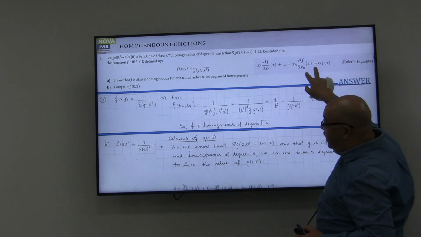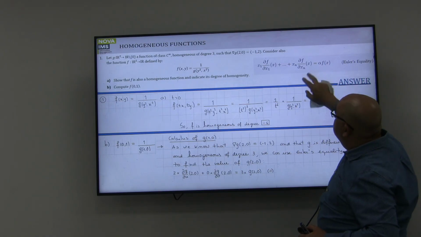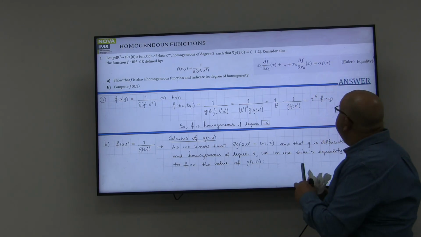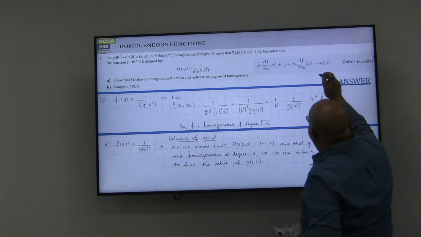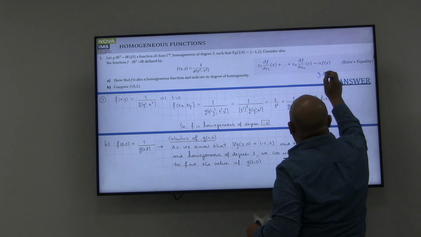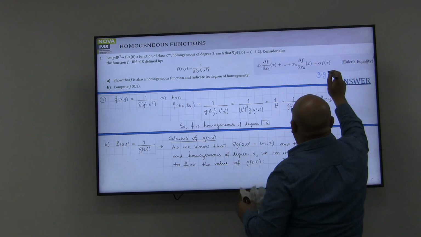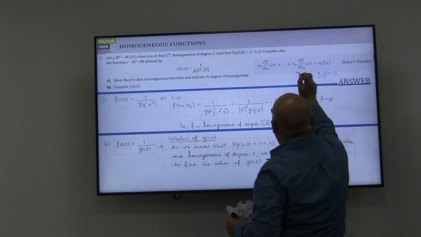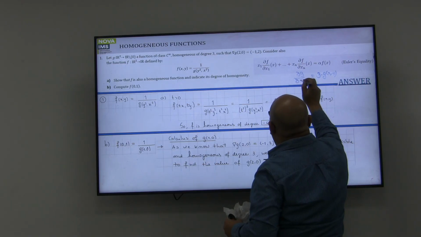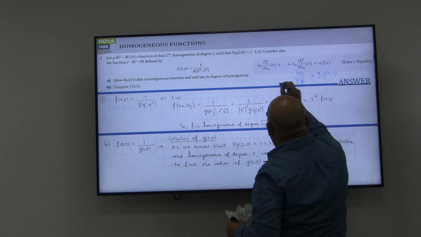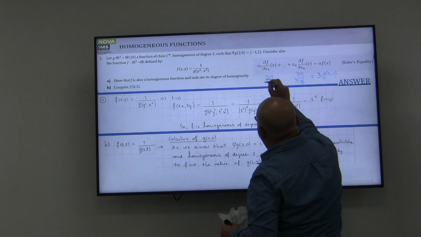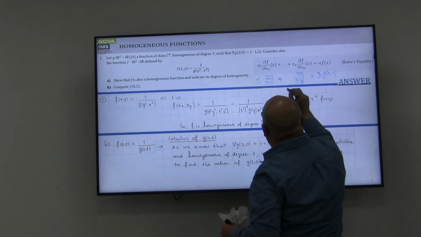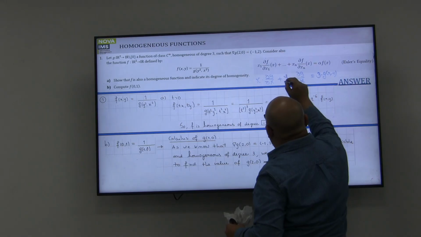If I want to apply this, it's going to be really very simple. So first of all, the degree of homogeneity is equal to 3 times g, which is given by x and y. And this is what equals partial g, partial x, times x, plus partial g, partial y, times y.